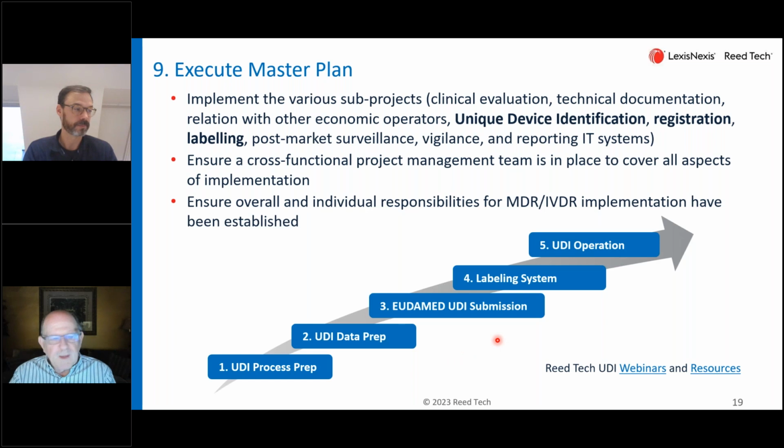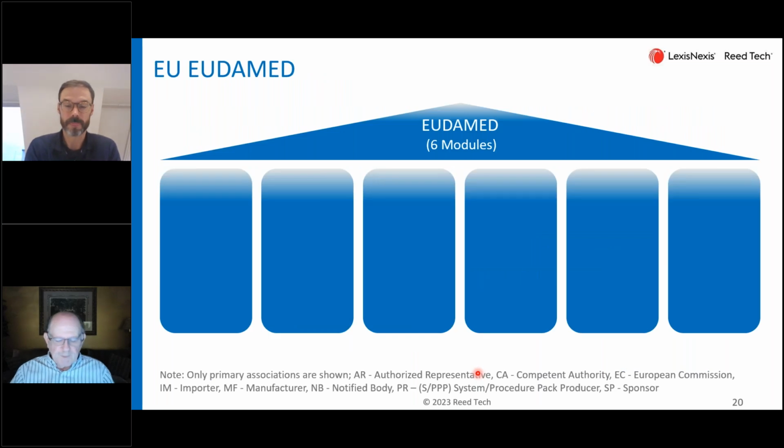You were talking about UDAMED, and I just want to talk a little bit more about some of the modules that are in UDAMED, and that kind of lays the groundwork for our timing.